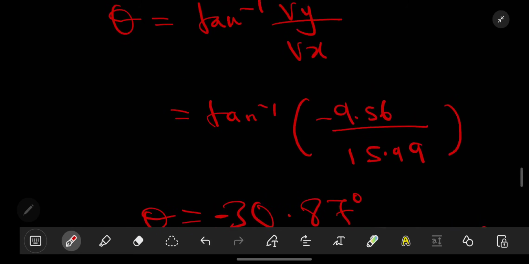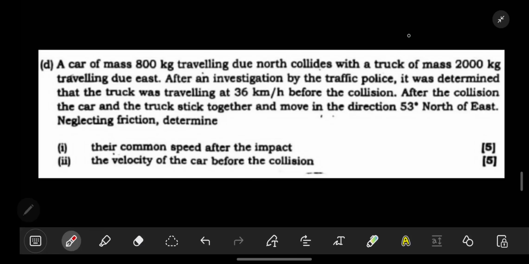Let's solve our last question. So this is our last question. We have a car of mass 800 kg traveling due north that collides with a truck of mass 2000 kg traveling due east.